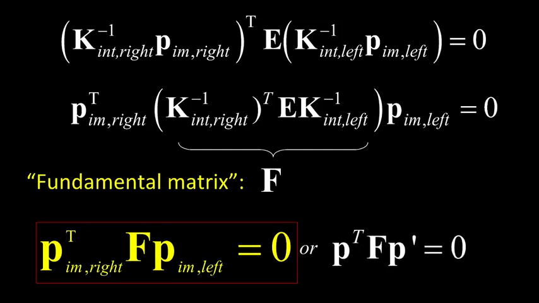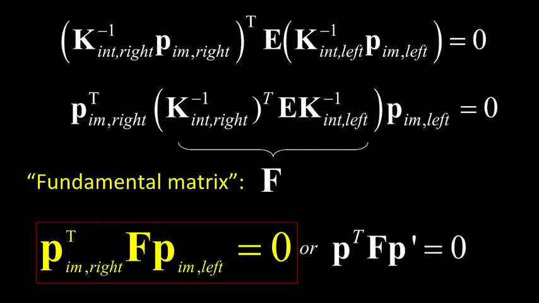That is the fundamental matrix constraint. That's what's going to allow us to solve for the relationship between one view and another. Given enough points that correspond, enough P and P primes that correspond, we're going to be able to solve for F. And once we do that, we know what relates the two images.